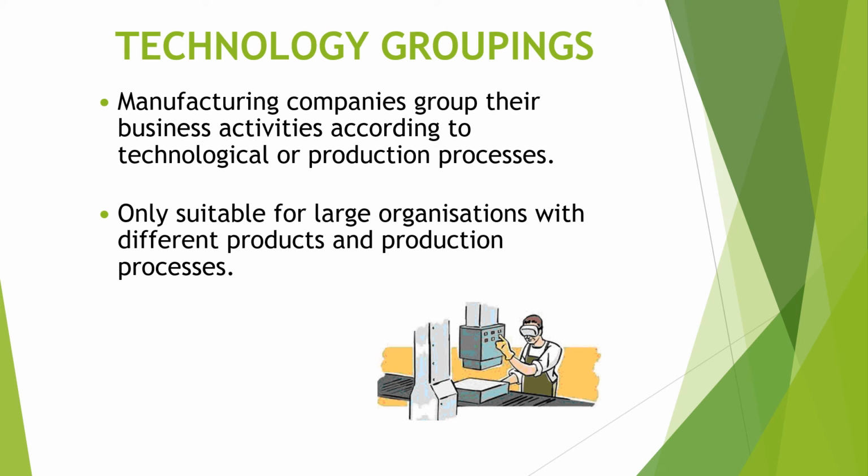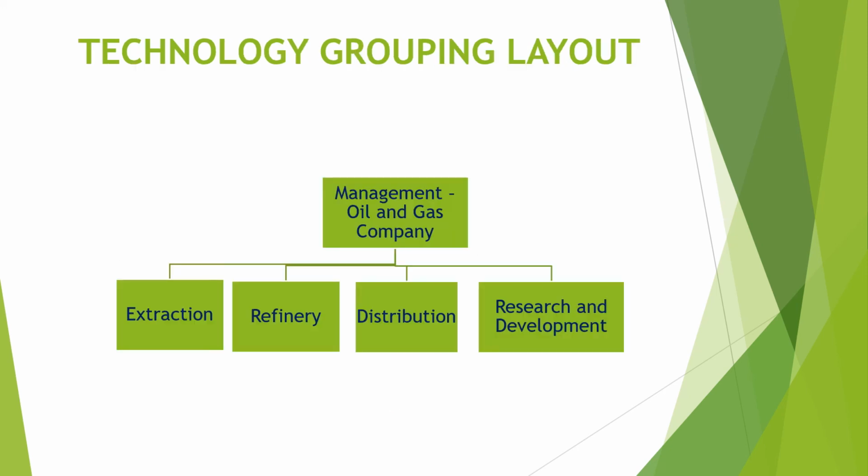They tend to be only suitable for large organisations with different products and production processes. So if you pick, for example, Heinz, Heinz has a large number of products, and these products may be made using different production processes, different types of technology, which means the organisation will have to have different groupings for these different types of technology.